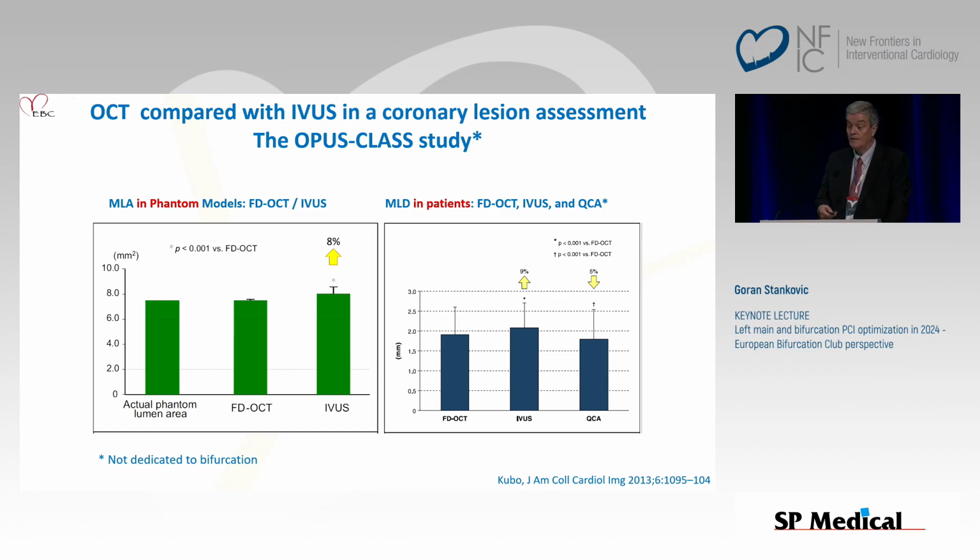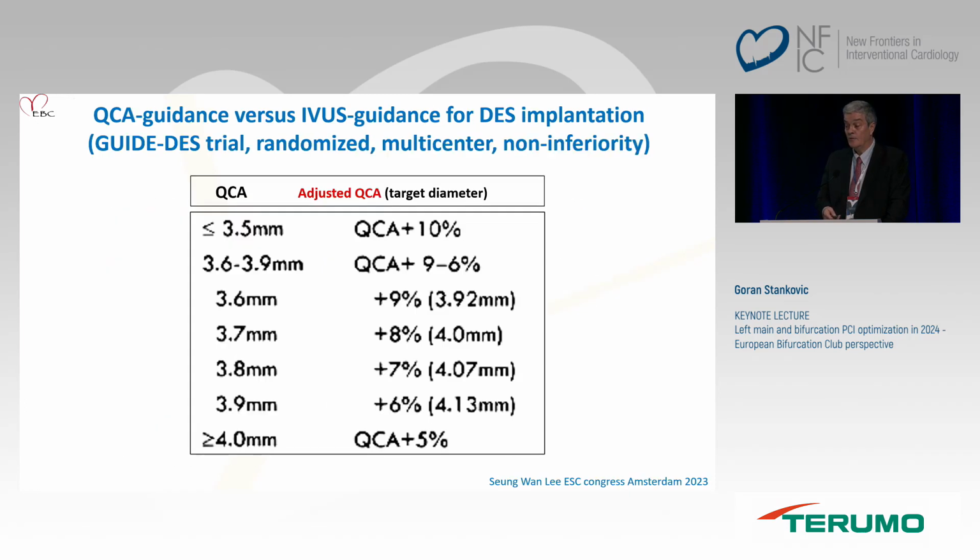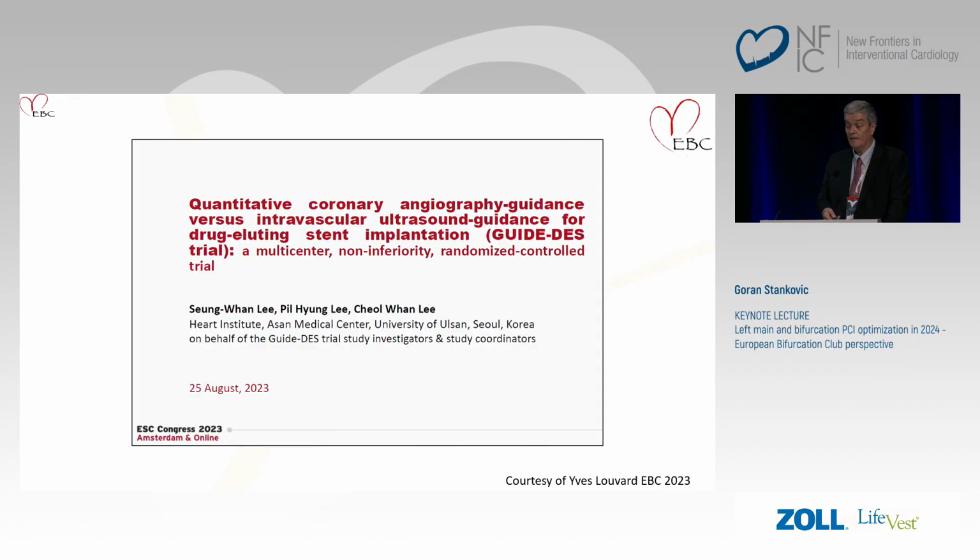We consider that OCT reliably estimates, but IVUS again overestimates by up to 9 or 10%, and QCA underestimates compared to both OCT and IVUS. So we believe that according to the GUIDE-DES trial, we should upsize by 10% for vessels smaller than 3.5 by QCA measurement of the reference diameter, and maybe plus 5% for bigger vessels like the left main.